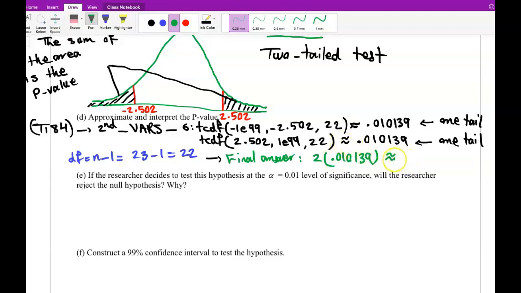Since I rounded that, I'm using not exactly equal to, so the answer is 0.0203. So this is the final answer for the p-value. Okay, all right, this is p.